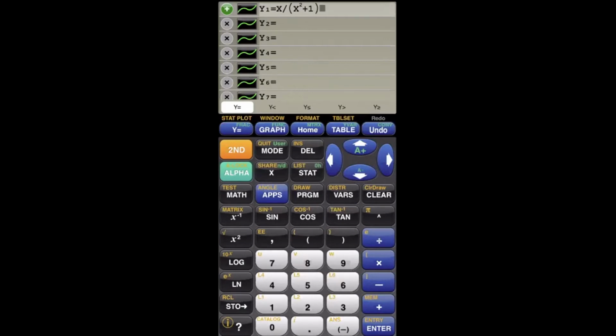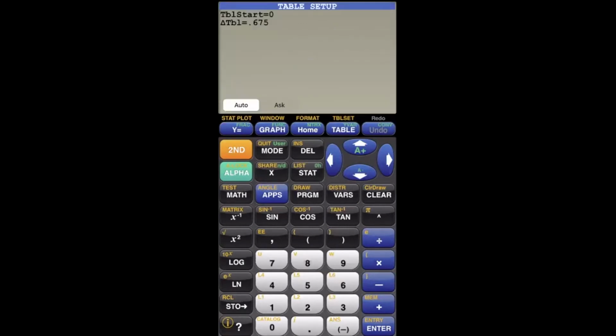All right, and then I am going to set up my table so that it starts at 1, and for now it's going to go up by ones. Then I'm going to scroll through the table and see when it first goes below 0.001. Now, if it turns out that 1 is too small an increment, I can always come back and bump it up to something else.